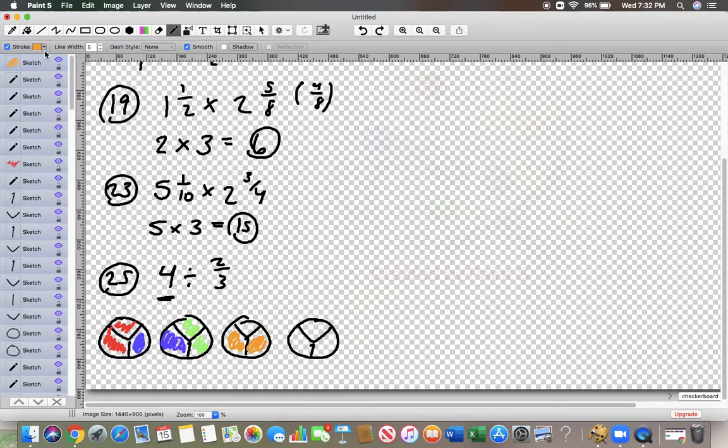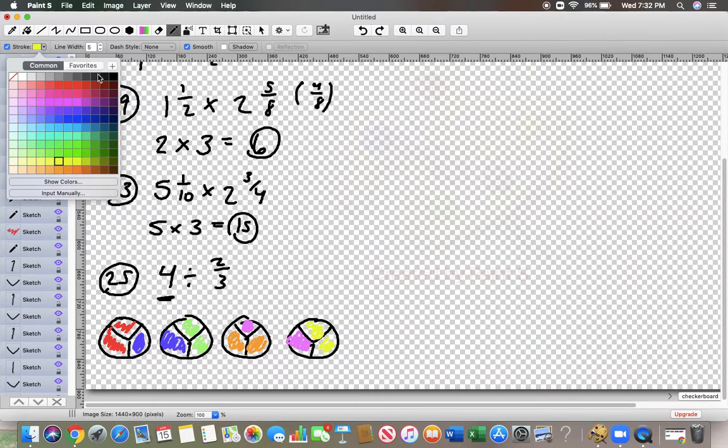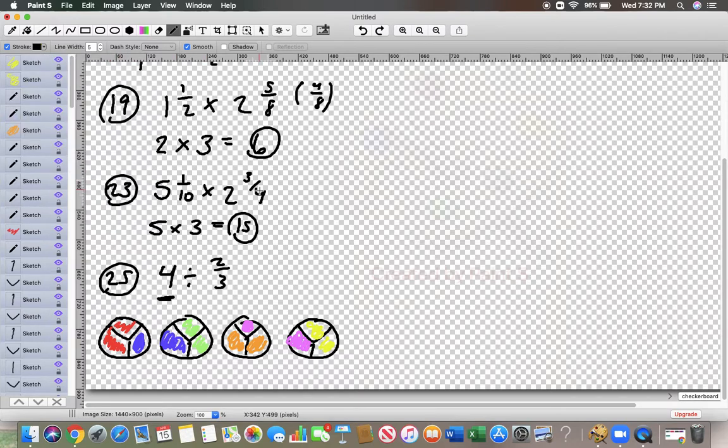A couple more. Let's do a pink or purple, whatever color this is. That's 5. And then lastly, so how many sets of 2/3 did we make out of 4 wholes? Let's count them up. There's 1, 2, 3, 4, 5, 6. We made 6 sets of 2/3 out of 4 whole things.